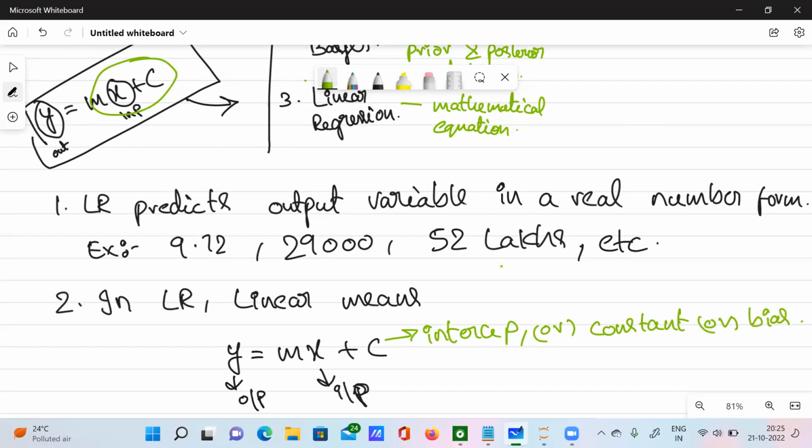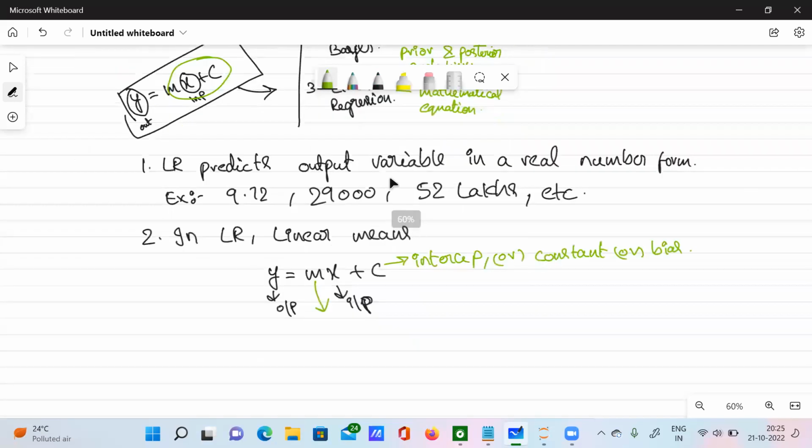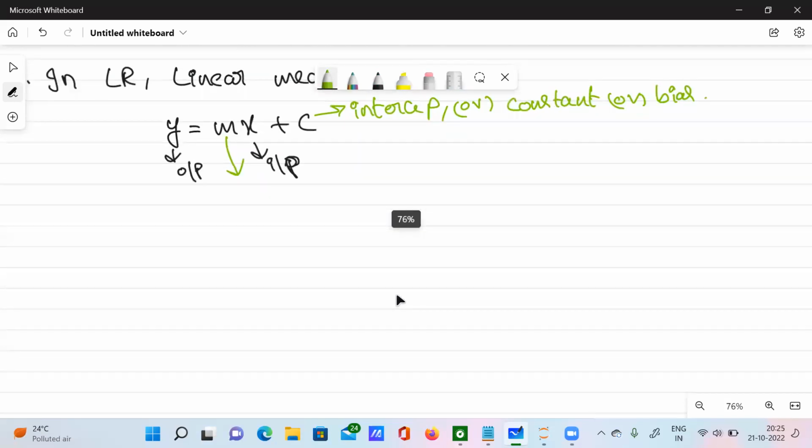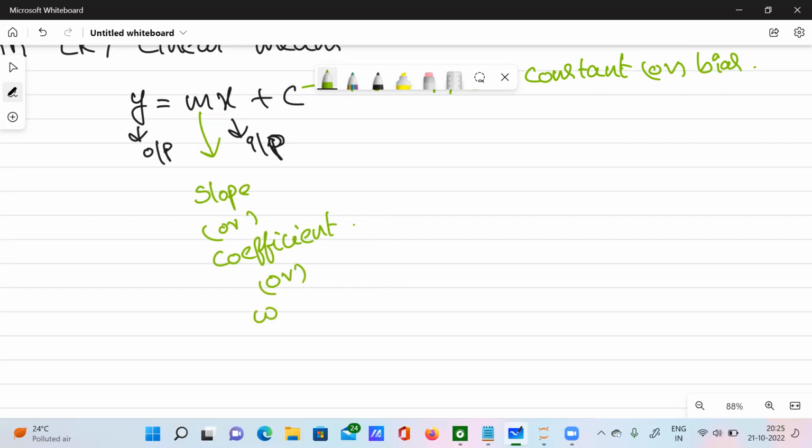So what is m here? M is nothing but the slope, or coefficient, or weights. You can also call it weights.